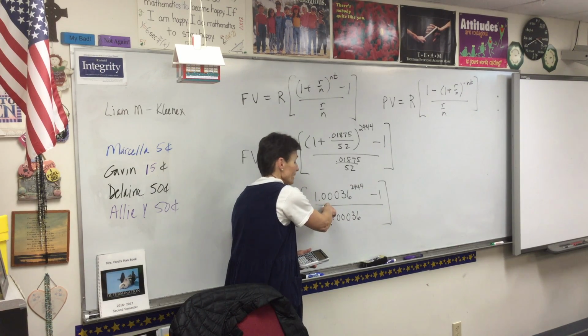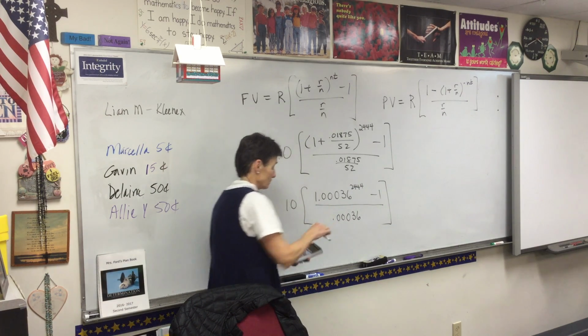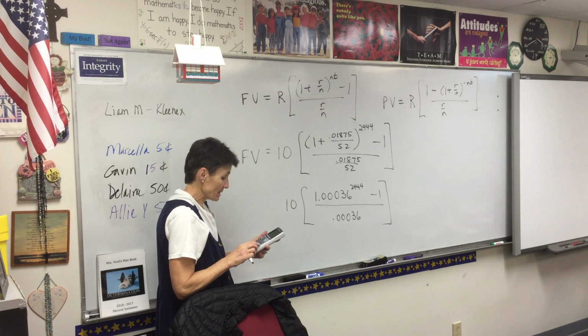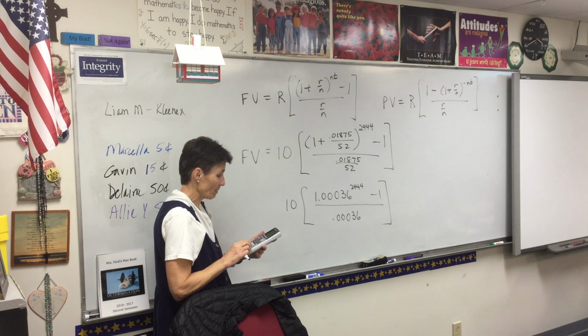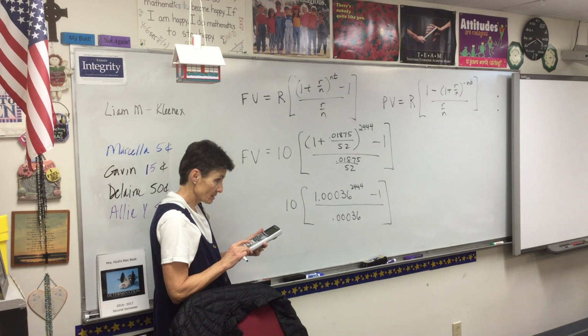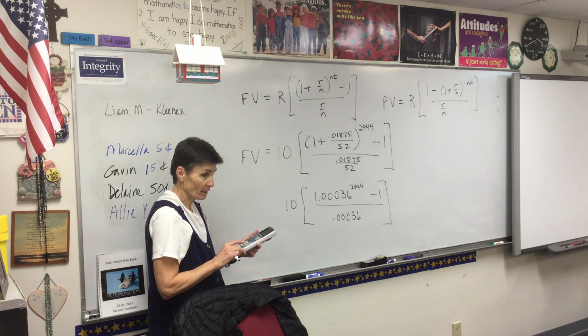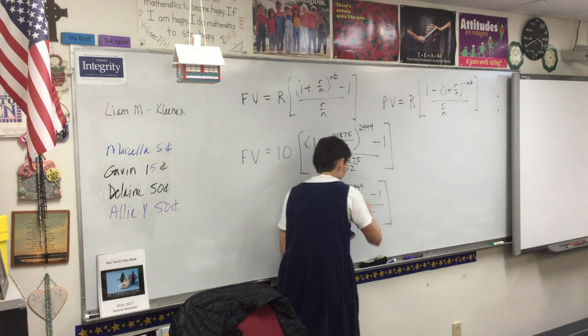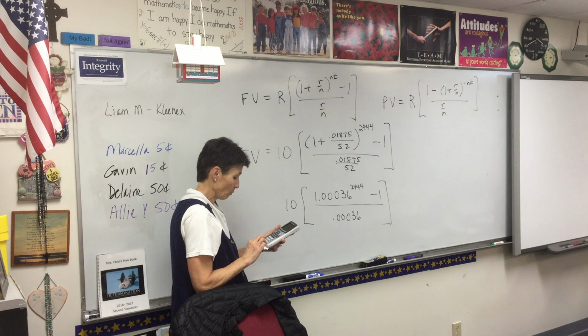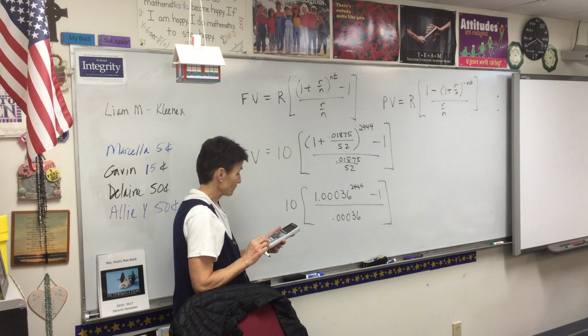Take that number right there. I'm going to raise it to the 2444 power and subtract 1 and hit equals. That's the tricky part with this formula. After you do the numerator, you have to hit equals and then divide by 0.00036.